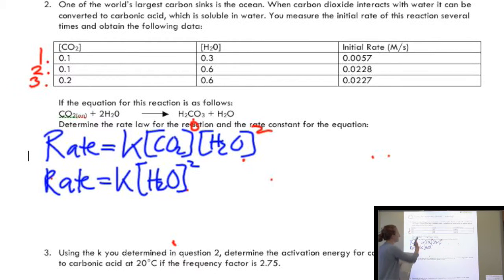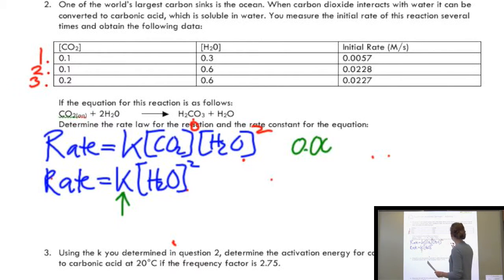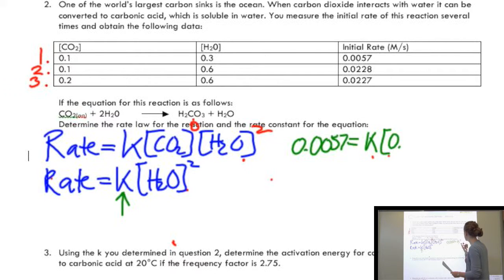And then we just use any of the data points that we want from the table to figure out what this constant K is. So we're going to go ahead and use the first data point. So we're going to set 0.0057, the rate, equal to K times the concentration of our water, which is 0.3, squared.